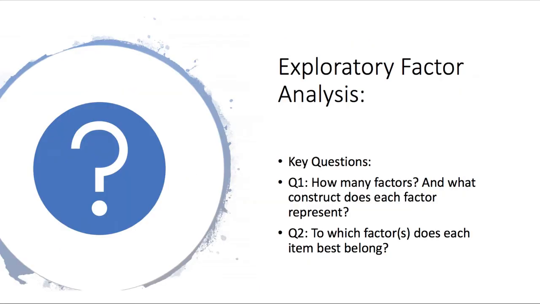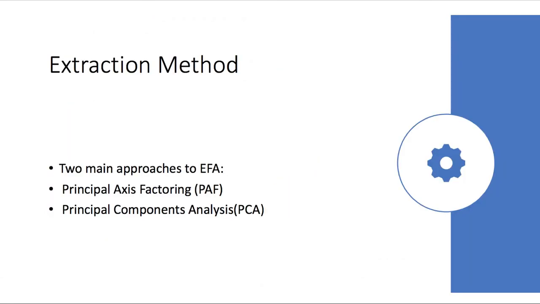Exploratory factor analysis. The key questions are: question 1, how many factors are there and what construct does each factor represent? Question 2, to which factor does each item belong? Then there are 2 main approaches to EFA.